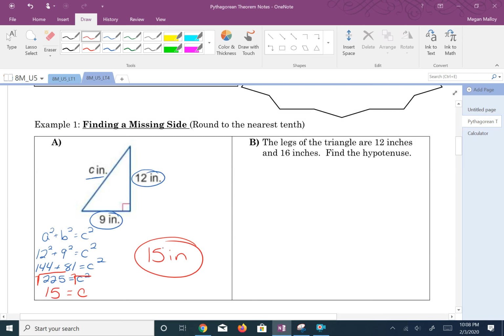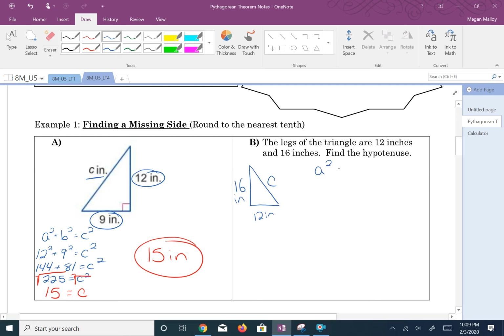If we look at example 1b, we're asked the legs of a triangle are 12 inches and 16 inches. Find the hypotenuse. If it helps, go ahead and draw out your right triangle. So the legs are 16 inches and 12 inches, and we are searching for our hypotenuse.